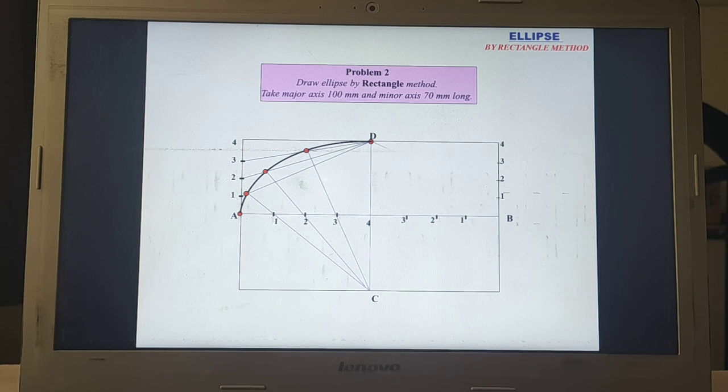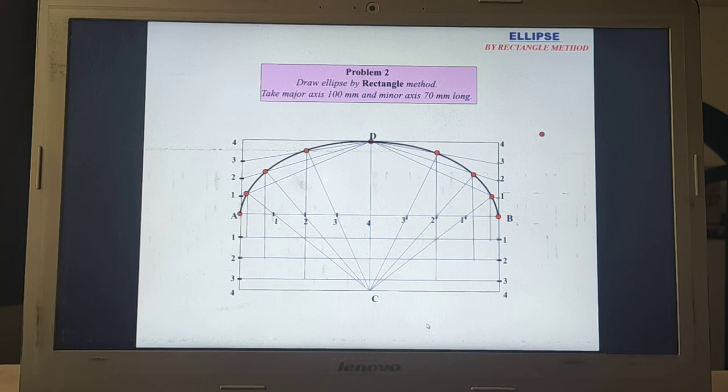We join D1, D2, D3, then we join C1 and extend it to 1, so that we get the other points of the ellipse. A similar procedure needs to be done on the bottom side of the ellipse too. This is how we can draw the ellipse. Understood?